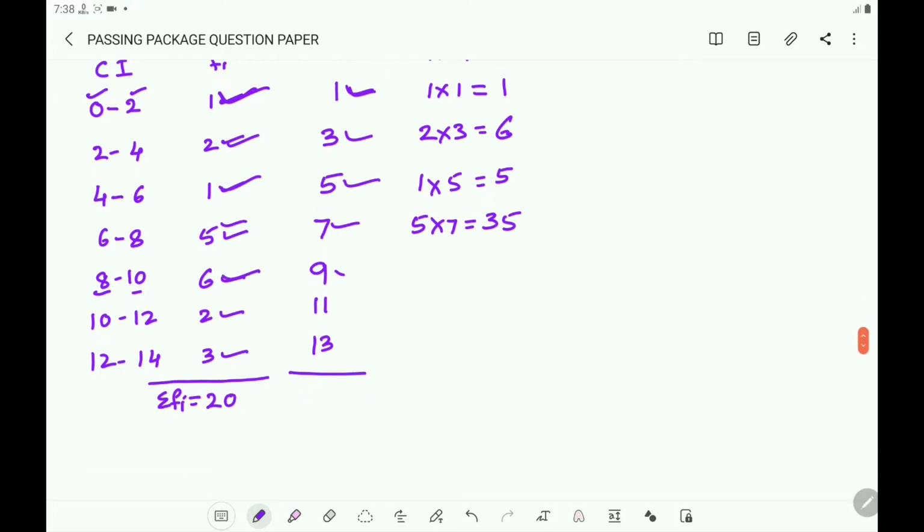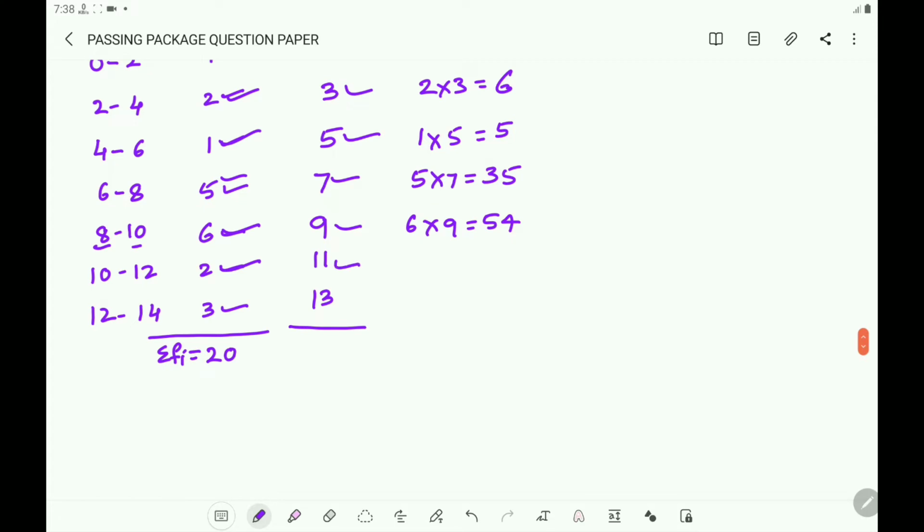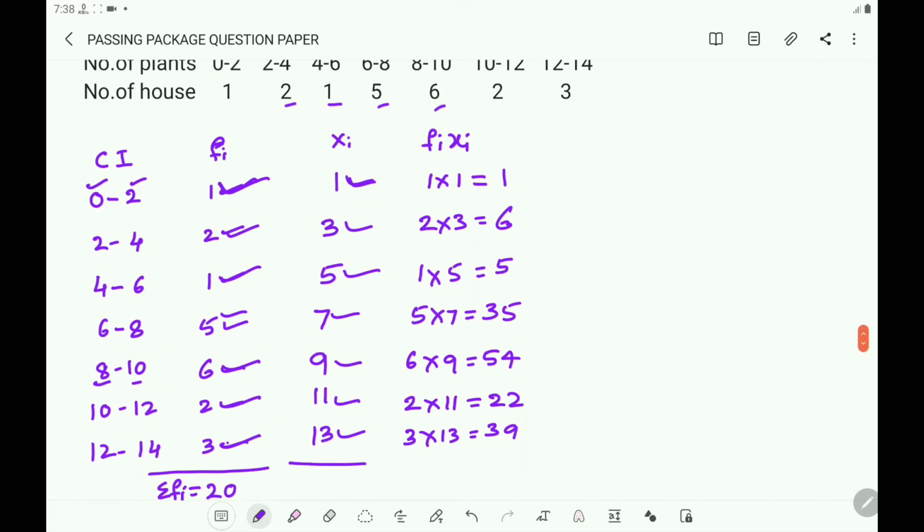Then 6 into 9 is 54. You must know the table. Then 2 into 11 is 22. And 3 into 13 is 39. So you got Fi Xi for all.